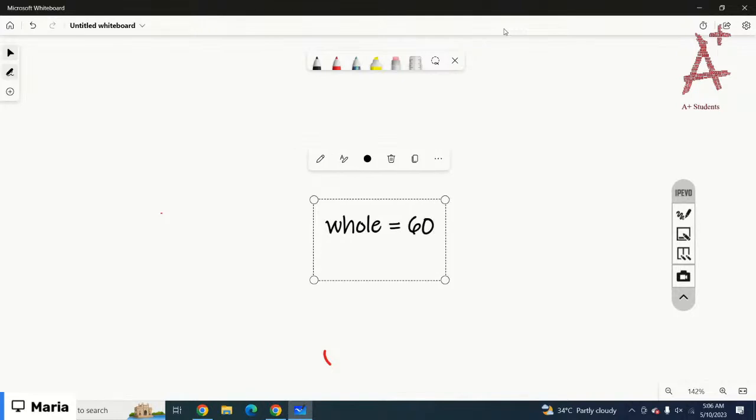We need to find n. So how do we find the n? Just form a proportion. The proportion would be part divided by whole and it equals n divided by 100. Just put in the values.